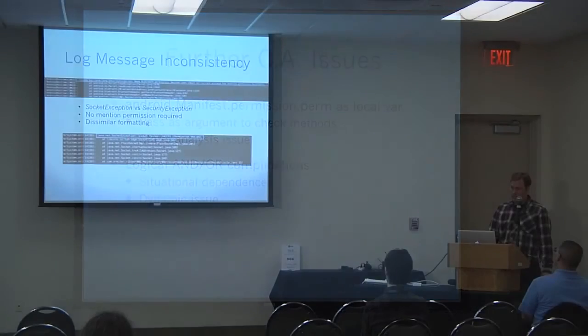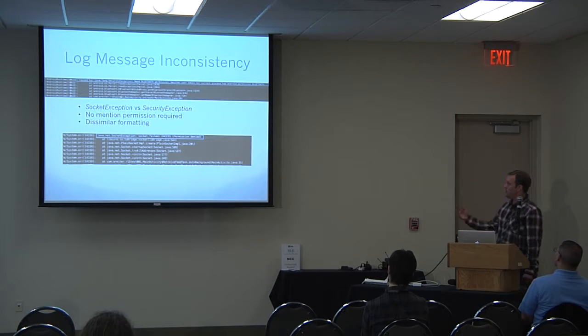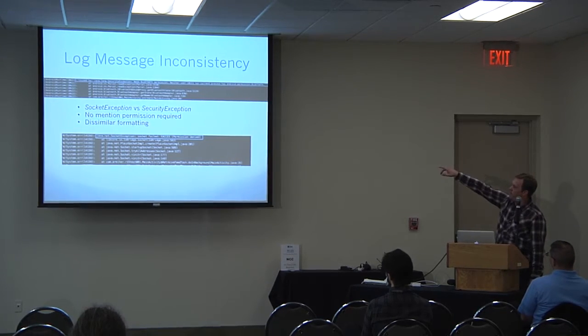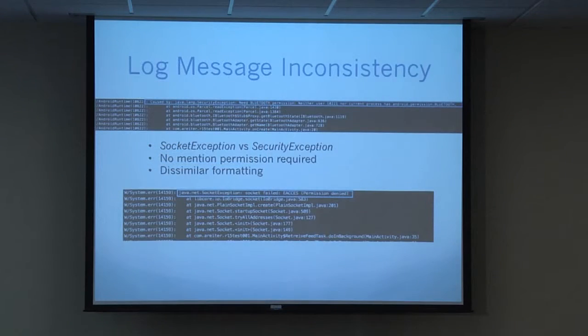Furthermore, with dynamic analysis there is the log message inconsistency. At the top, we have a fairly standard output where they have thrown a security exception, and we saw this before with the Bluetooth example. But now below, where we have an app that doesn't request the internet permission, we actually get a socket exception, and you can see the EACCES permission denied there, which is coming up from the OS call. And these are totally different from each other.